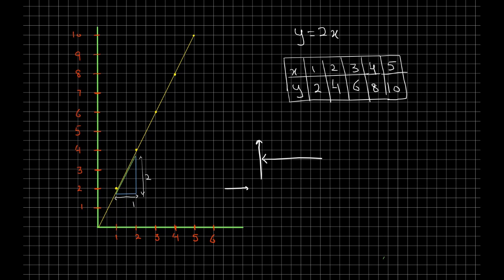And this is characteristic of this line. Throughout this line, wherever I go, whenever I move forward by 1, I go up by 2, right?